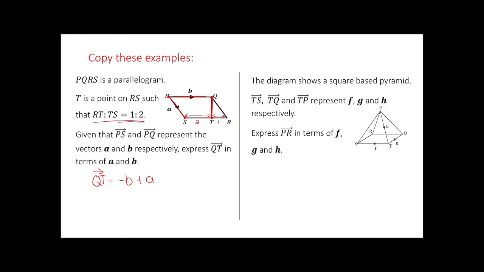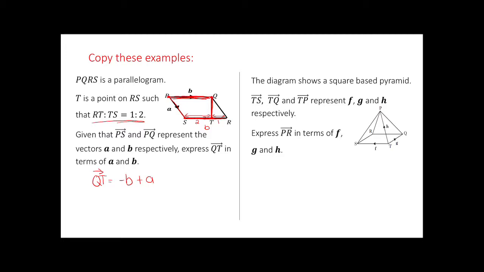So they're saying that S to T is twice as long as T to R. Now, the reason that must be important is because, remember, in vector journeys, parallel lines are going to be the same thing. So if we have a parallelogram, we know that S to R is actually just going to be B, right? So it's just the exact same as this line up here.